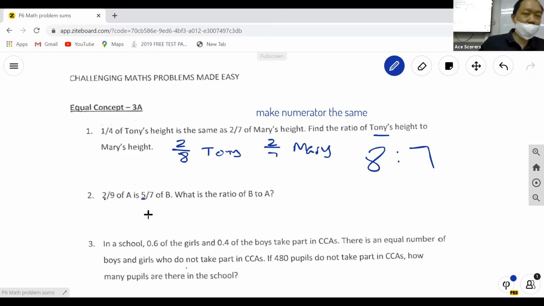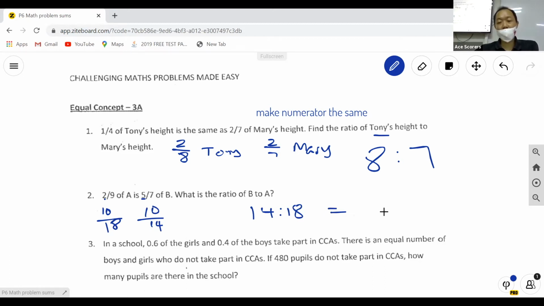So I make this 10 over 18, and this is 10 over 14. What is the ratio of B to A? So B is 14 is to 18, which I can reduce, 7 is to 9.